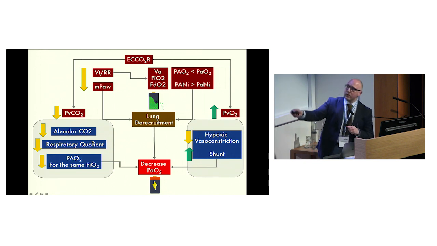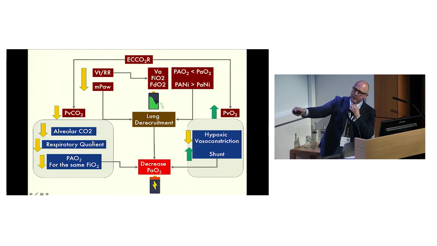We've seen it earlier on. And as a consequence of that, if the patient is ventilated, the mean airway pressure goes down. Okay, if the mean airway pressure goes down, there might be some lung de-recruitment, okay, which might lead to PaO2 reduction.